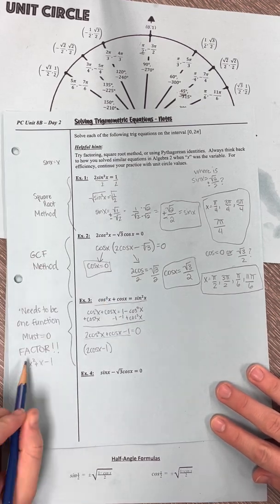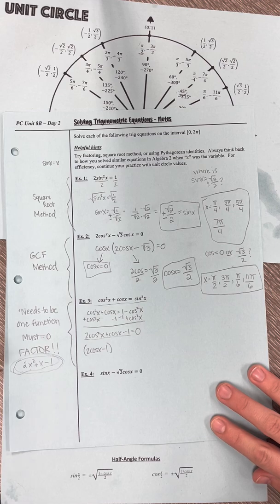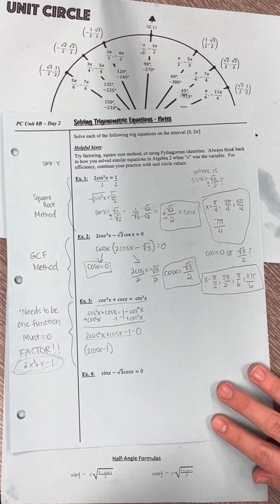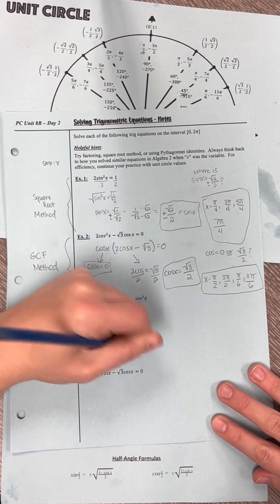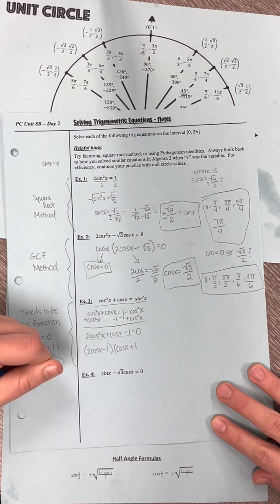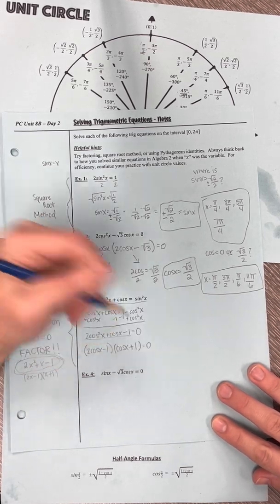And if you are able to change it to this and that makes it easier for you to factor, you're more than welcome to do that. If you need any help with this, please reach out. I'll be happy to go through a couple of these with you and get you better at converting so that you can factor. And then we'll have cosine x plus 1, because this would end up being 2x minus 1, x plus 1, and that's where we get our numbers from.